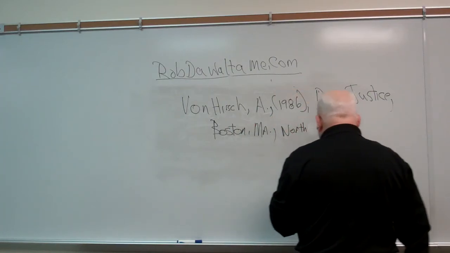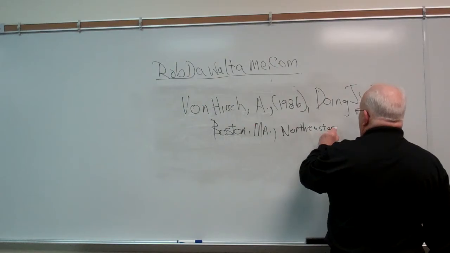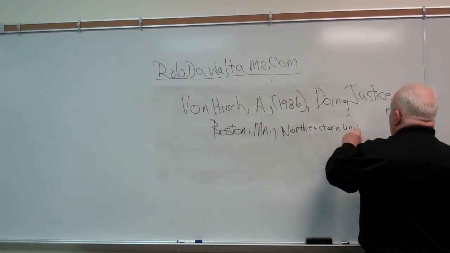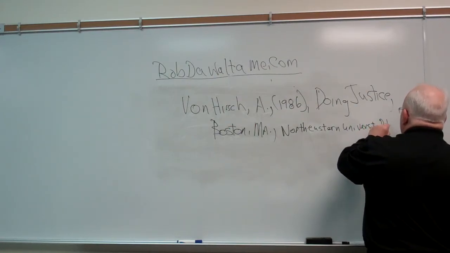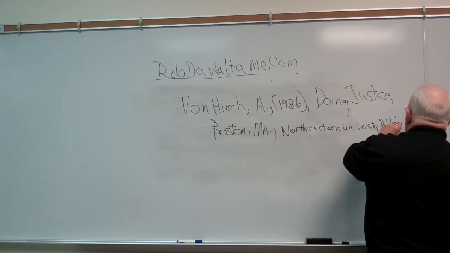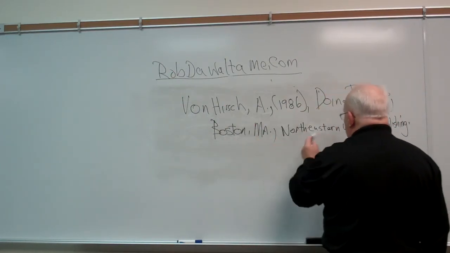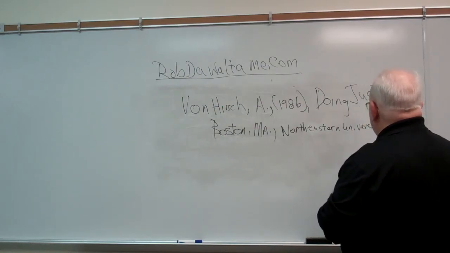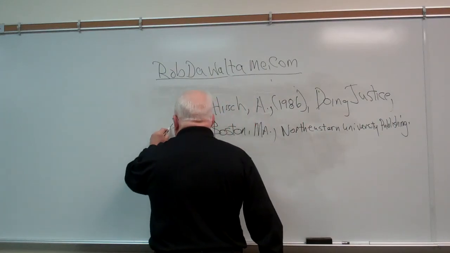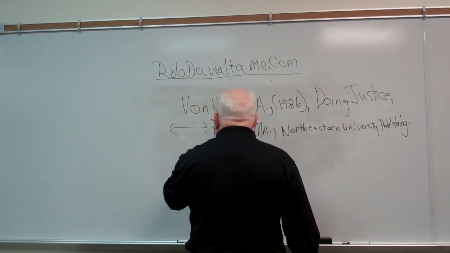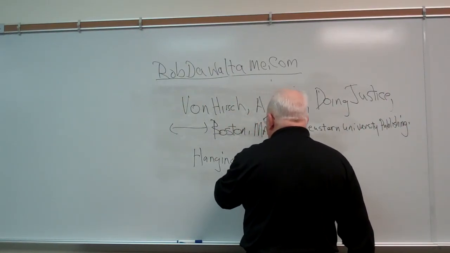So Northeastern University, and this would be the publisher, because a lot of these big universities have their own publishing house. It's in Boston, but they actually hire a printer outside the city. But notice there's this gap here, an indentation. We call this the hanging indentation, okay?